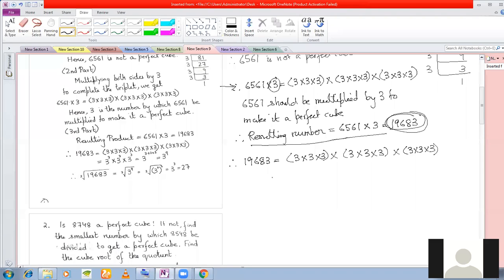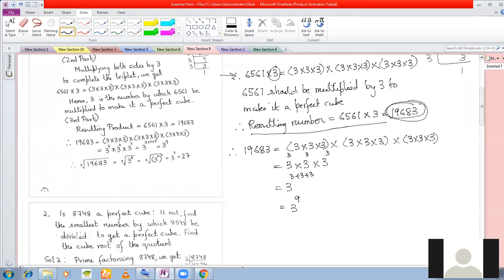What you do is, you write 19683 in the form of these three triplets. So this is 3 cube into 3 cube into 3 cube. This is 3 to the power of 3 plus 3 plus 3, which is 3 to the power of 9.